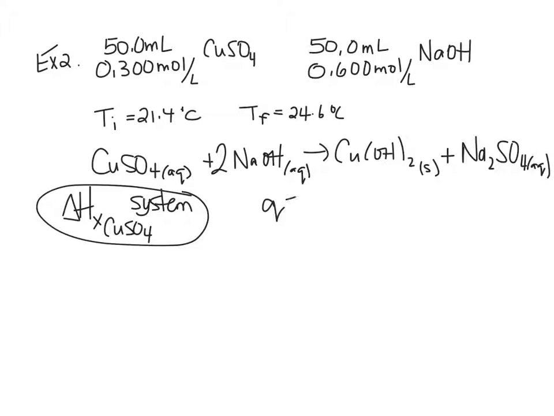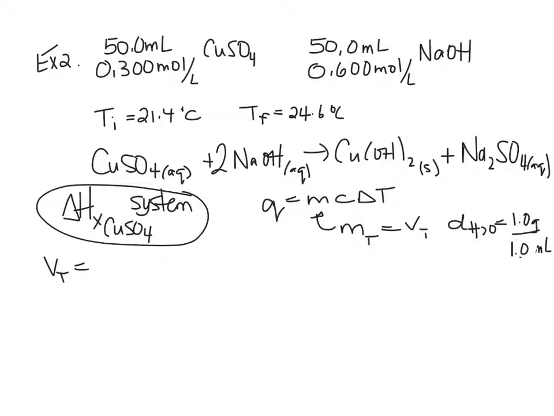So Q equals MC delta T. That will be the total mass, which will be the total volume, because the density of water is 1 gram per milliliter. Okay, so we've got 50 mils added to 50 mils for a total volume of 100 milliliters.